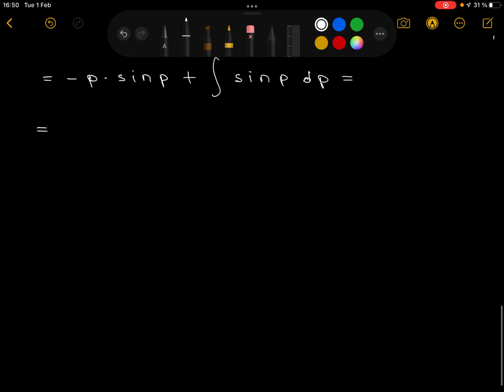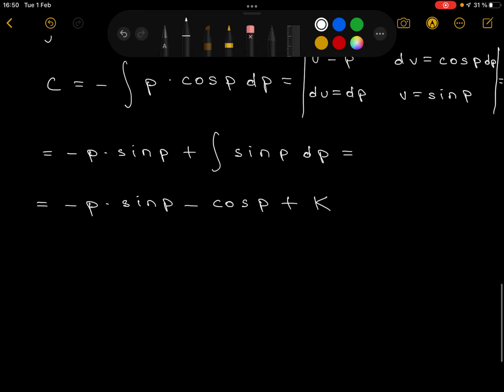Which is the same as minus p times sine p minus cosine p plus some other constant, and it's a real constant this time. We're going to call it k.